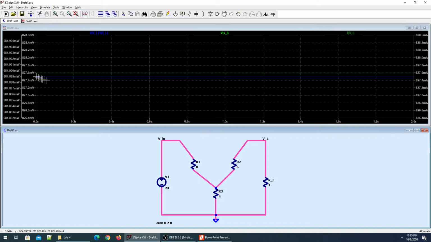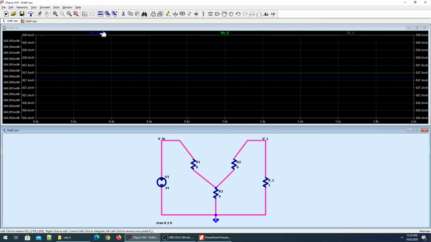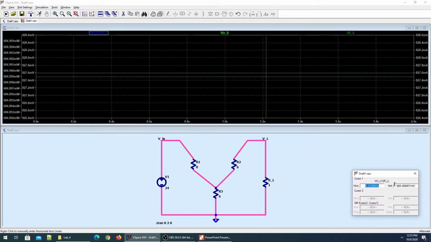If you're looking to find the power exactly, just bring in the cursors. You click in here, and then the cursors start moving, and this is where you start finding the power. This gives you the exact value, which is 684.899 milliwatts.